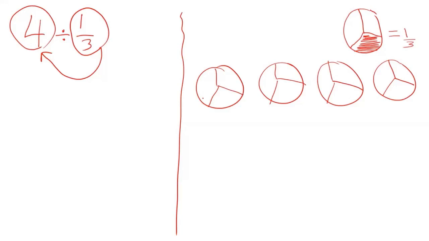I'm saying again, how many thirds are there in 4 models or 4 apples? Let's count. 1, 2, 3, 4, 5, 6, 7, 8, 9, 10, 11, 12. So we have 12 sections or 12 pieces in 4 apples.